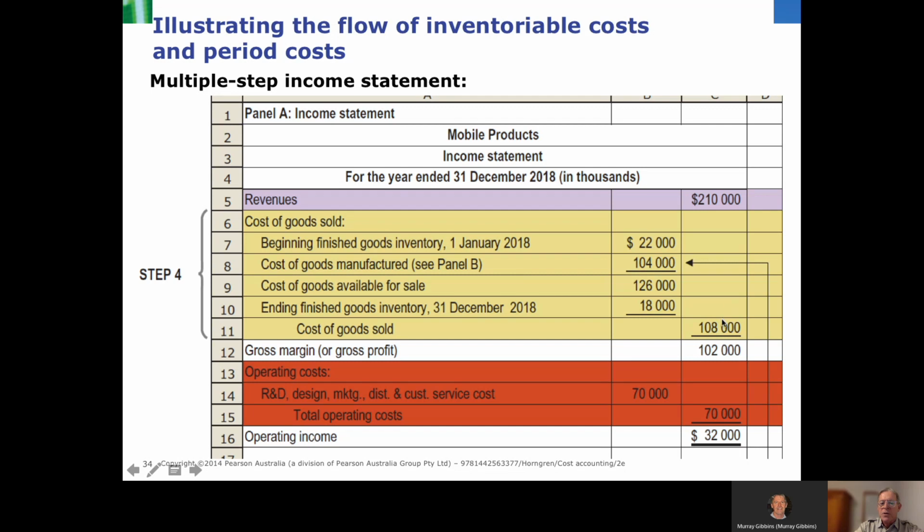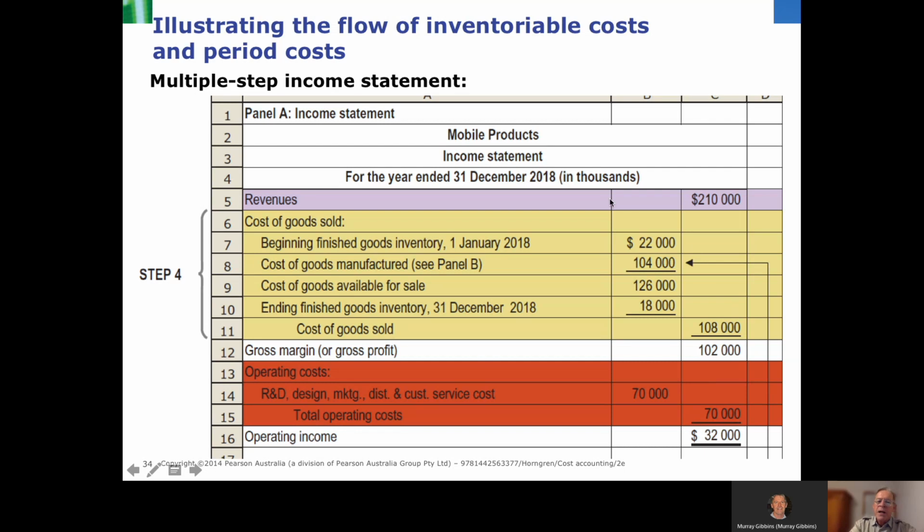Sales minus cost of goods sold gives me my gross profit. Then go looking for any of my other period costs, my operating costs, marketing, admin costs, and add them all up. And so they come to 70,000. Take them away from the gross profit, I'm down to my operating income or net profit.